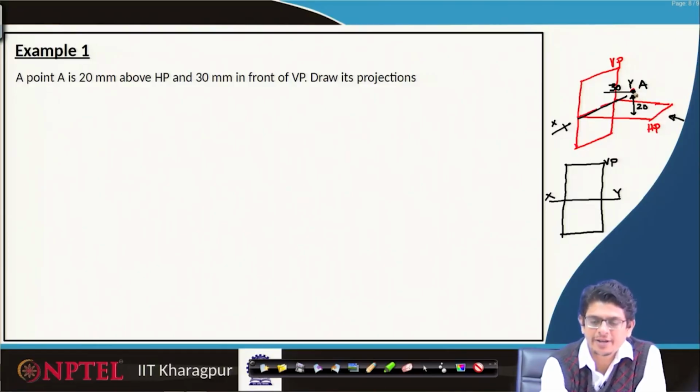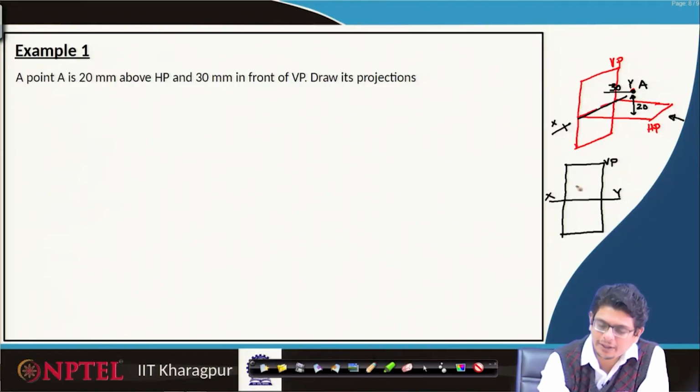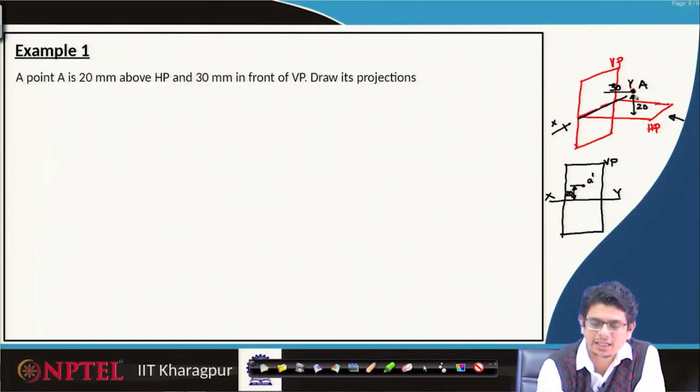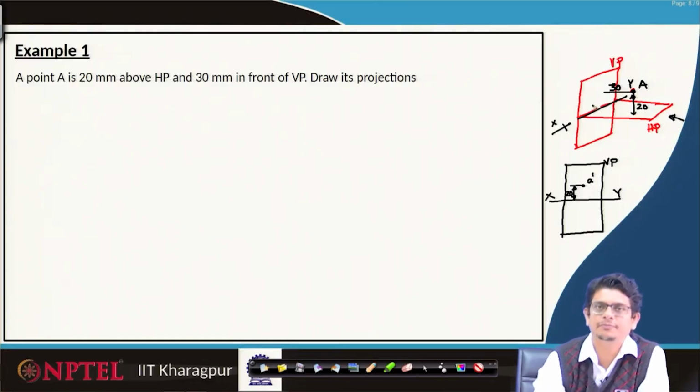Project this point A onto the vertical plane. Note it down as A dash, and this length will be 20 mm, because this is the length we are going to see.